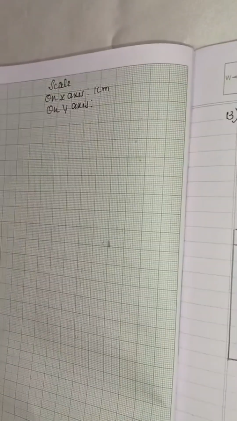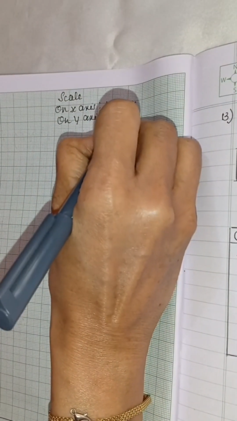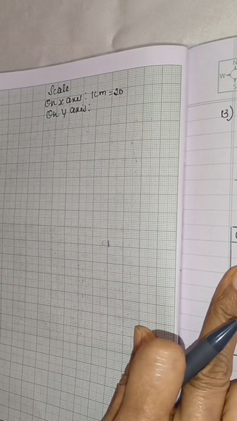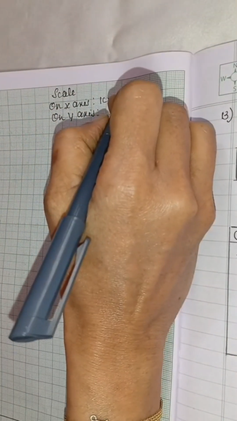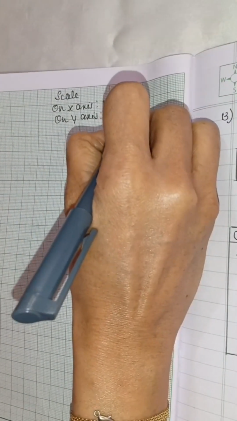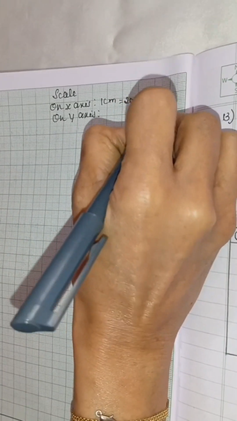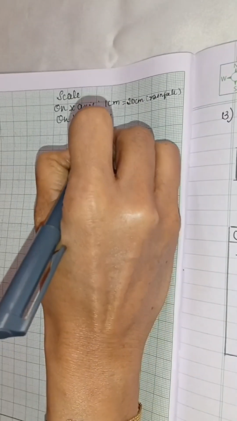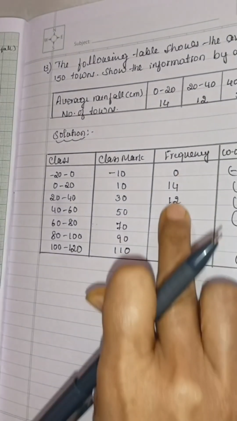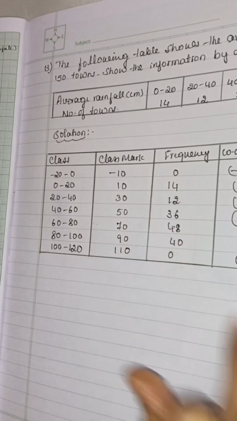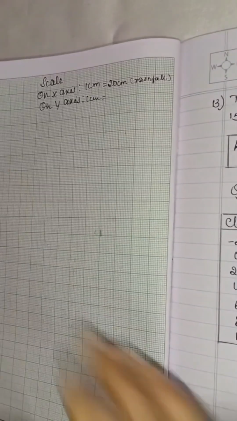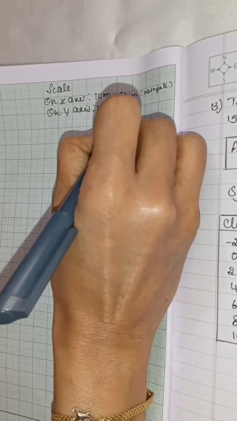So 1 centimeter means 20 rainfall. And on y-axis, 1 centimeter means frequency. Frequency can take 5 towns. 1 centimeter means 5 towns.